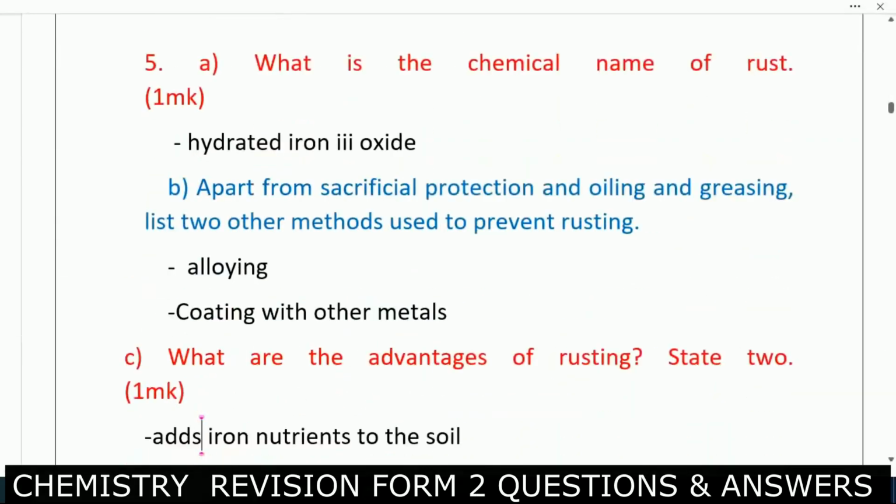That is number 5. What is the chemical name of rust? Hydrated iron 3 oxide. Next, apart from sacrificial protection and oiling and greasing, list 2 other methods used to prevent rusting.